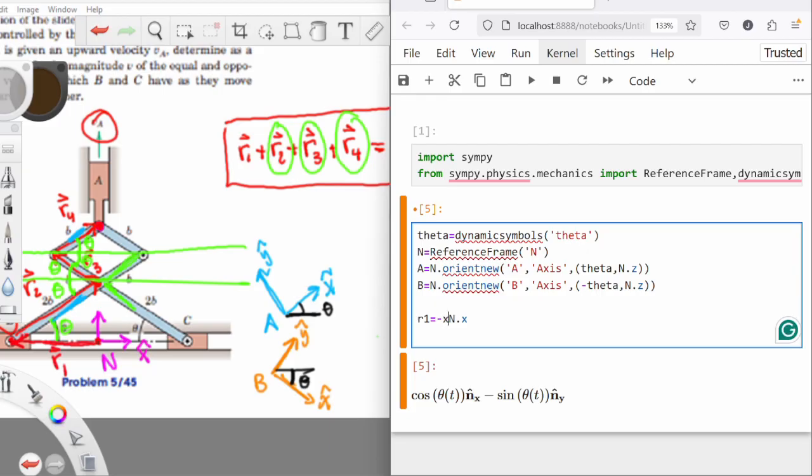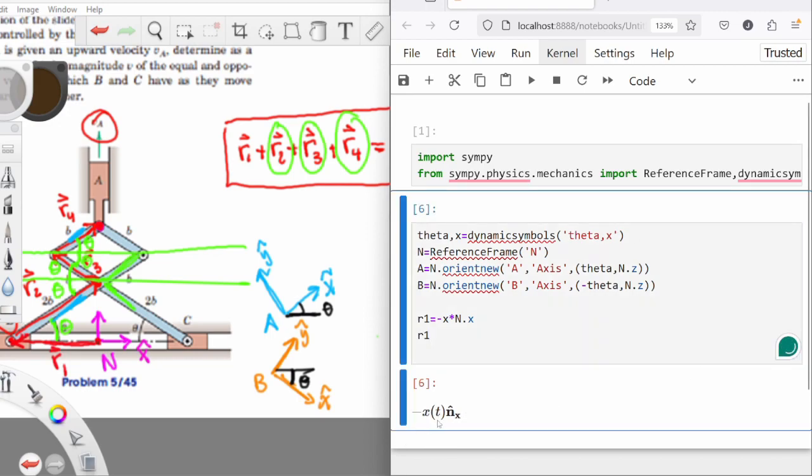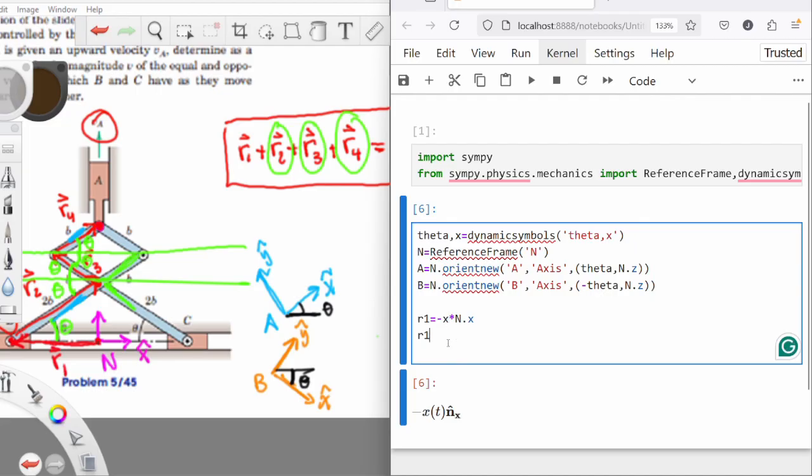I'm choosing x for the variable, so I now need to add another dynamic variable because x changes in time. We have theta and x as our new dynamic symbols, and we have the definition of R1 as negative x in the direction of global x hat.